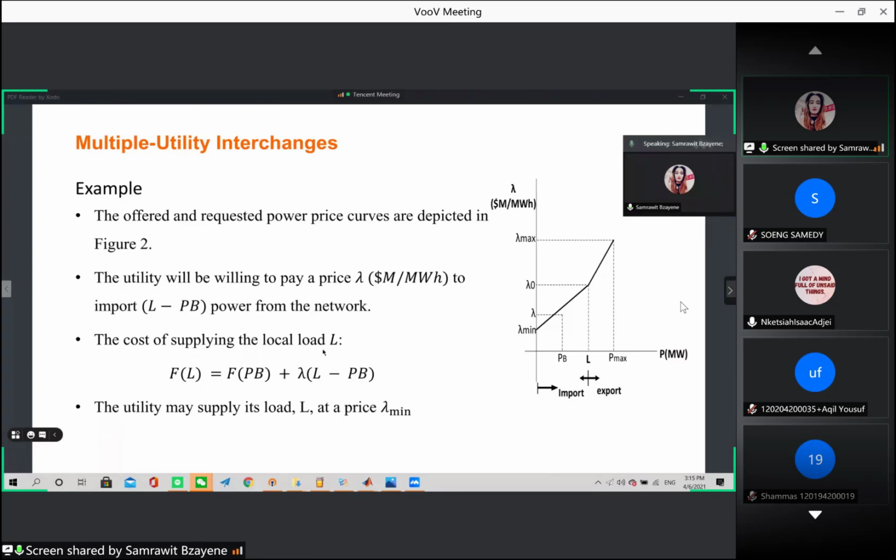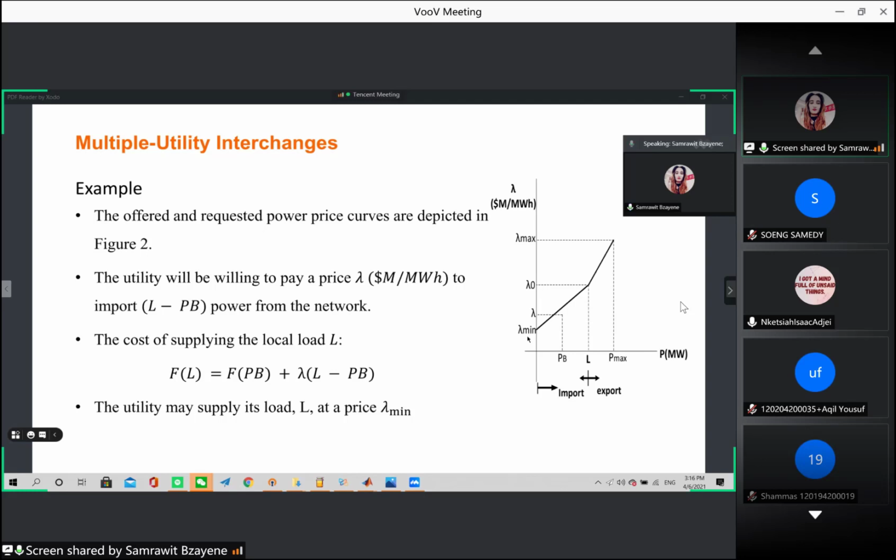First we have to know the local or marginal cost, which is L. So the cost of L is equal to the cost of PV plus lambda times (L minus PV), where L minus PV is the part imported from the network. So the utility will supply this load at a price of lambda minimum.